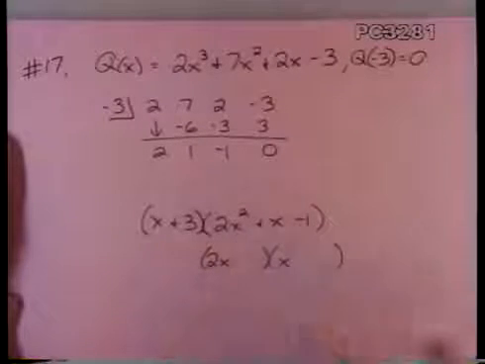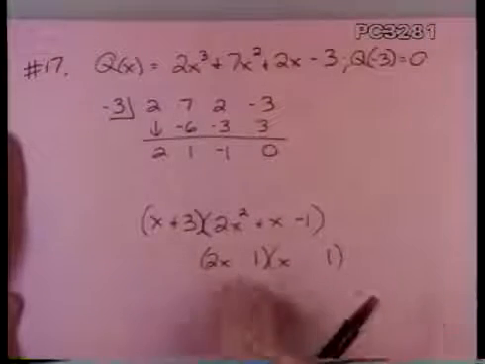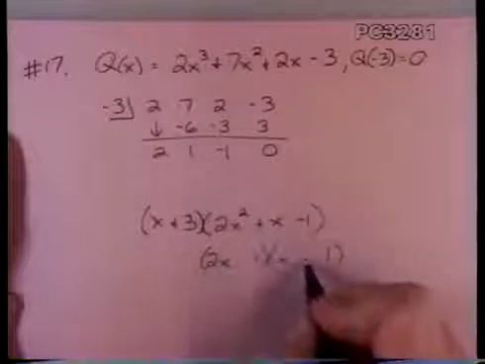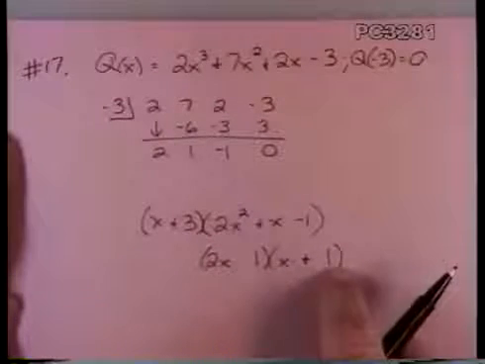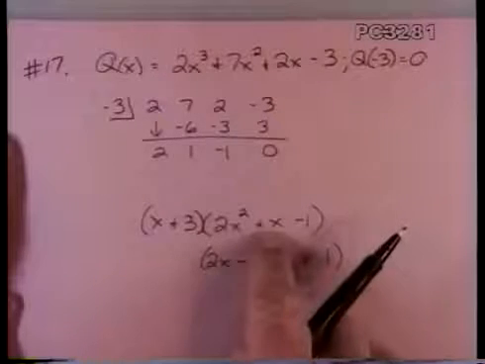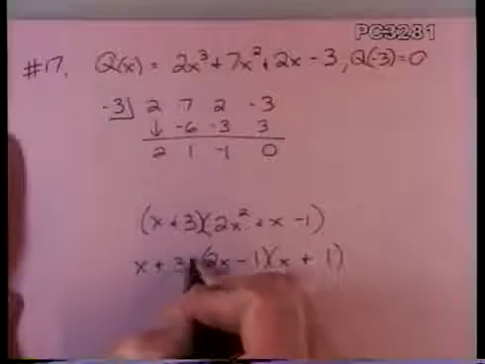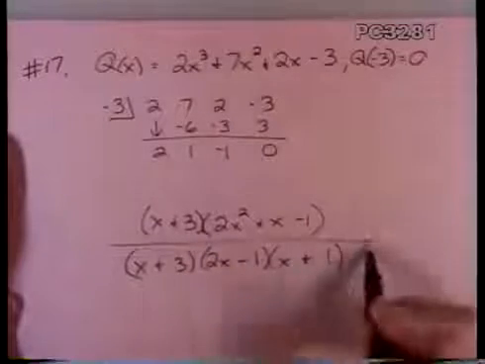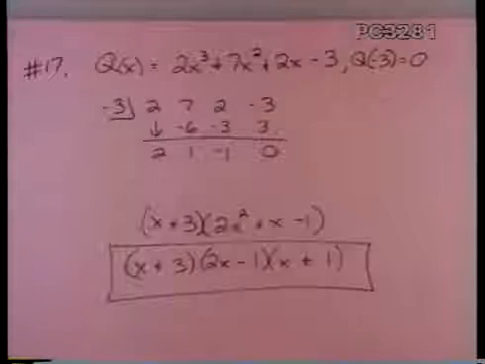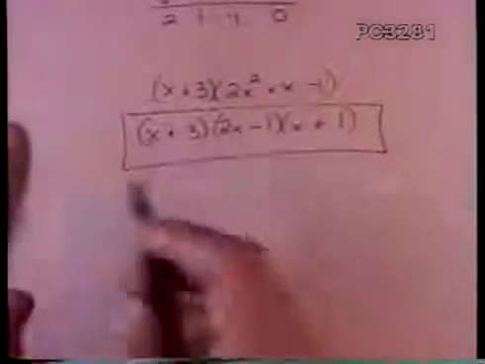My only factors of 1 are 1 and 1. I want the middle term to be positive, so this needs to be positive. That would give me positive 2x minus 1x, which gives me 1x right there. So there you have it: x plus 3 times 2x minus 1 times x plus 1 is the complete factorization of the polynomial q of x. That's what you're supposed to do. Now let's look at number 21, like I said.